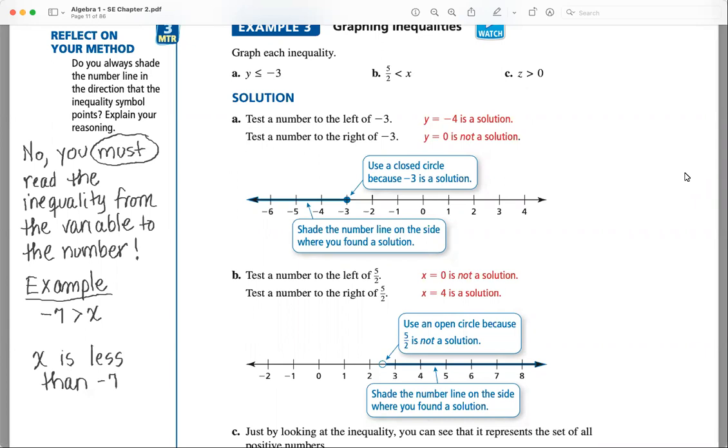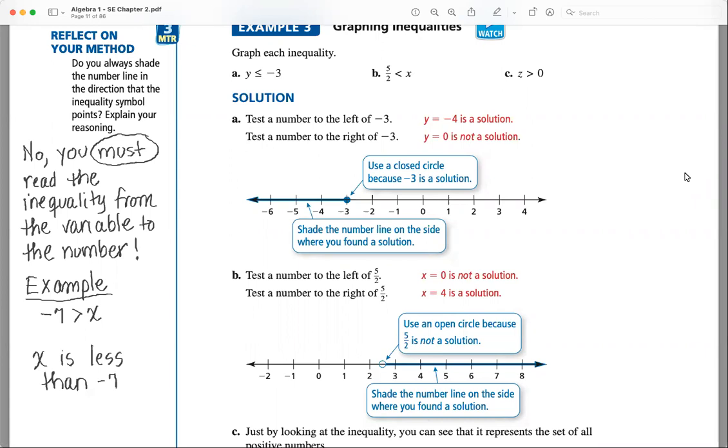So then if you know that the number has to be less than -7, it's an open circle, and you graph to the left, right? Very good. So let's take a look at the examples done for us.